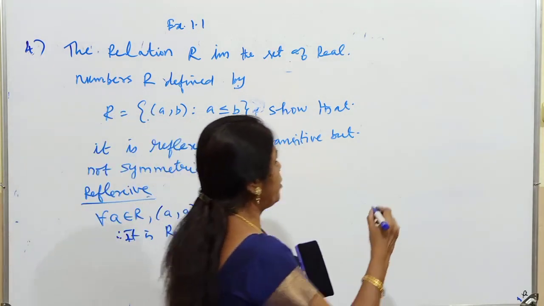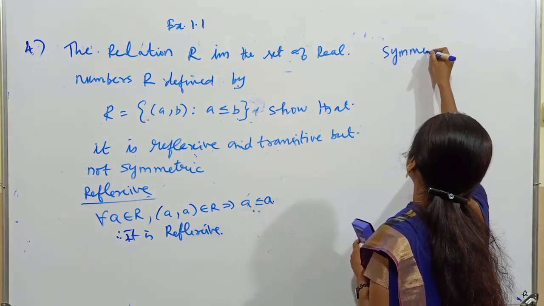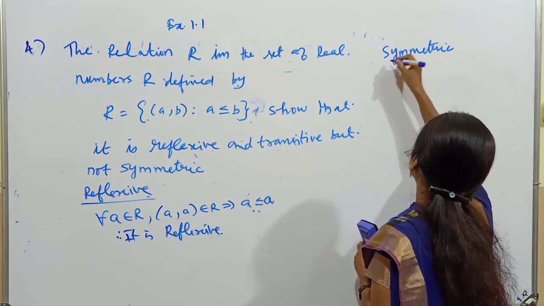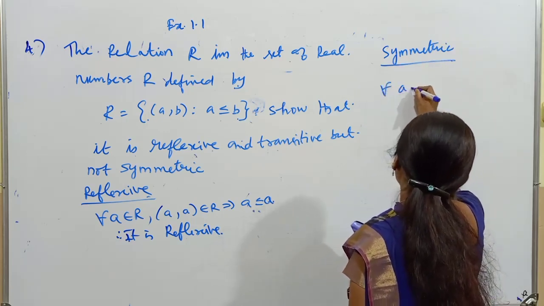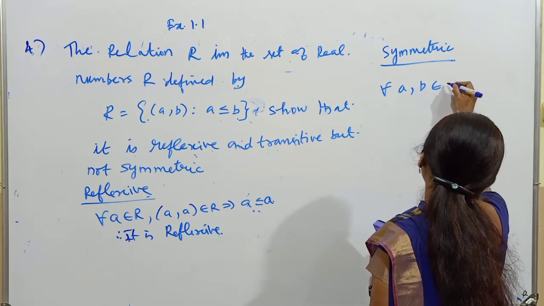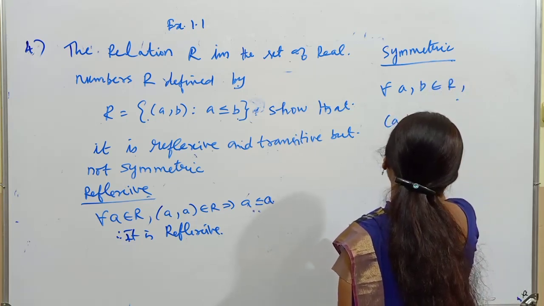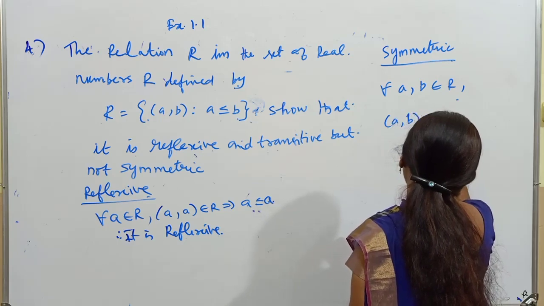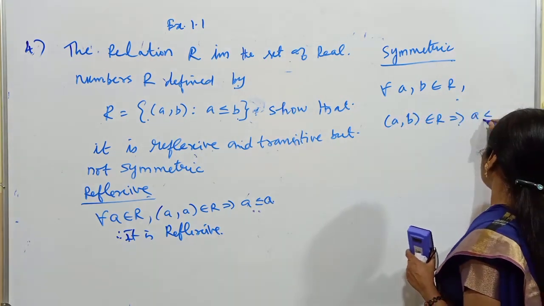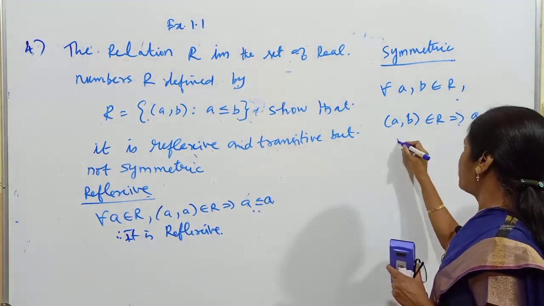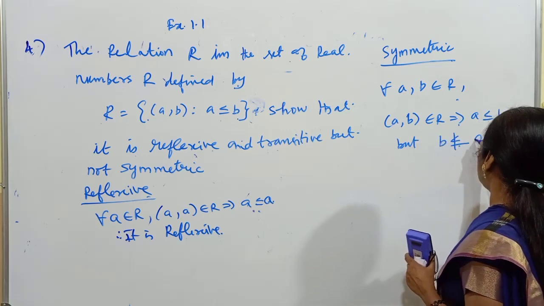Next one, symmetric. For all a, b belonging to the set of real numbers, (a, b) belongs to R implies a is less than or equal to b. But you know that b is not less than or equal to a.